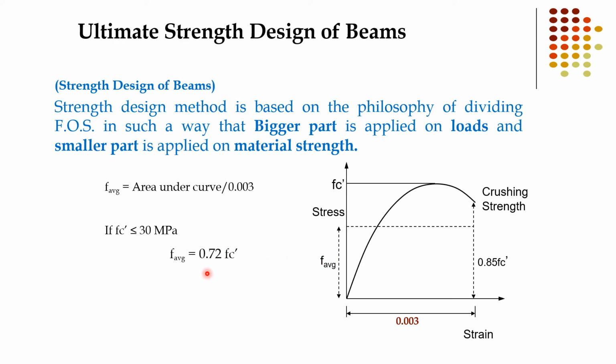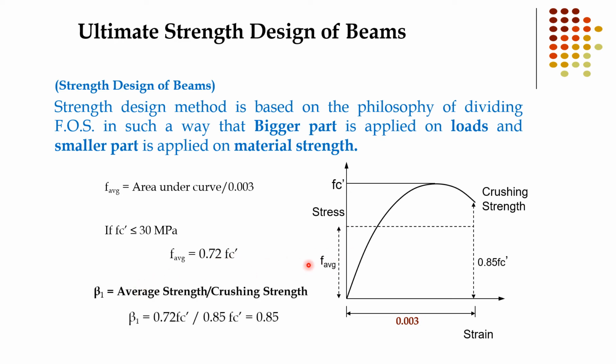So what is the factor between the crushing strength and the f average? The average strength is 0.72 f'c and the crushing strength is 0.85 f'c. That ratio is beta 1, that is 0.85. Why did we calculate that?